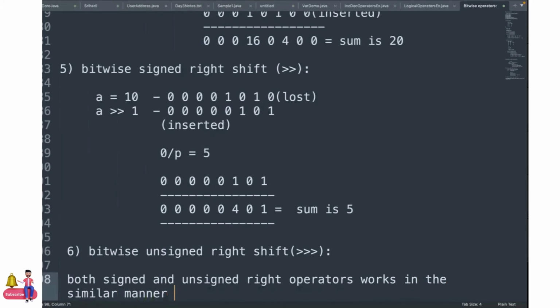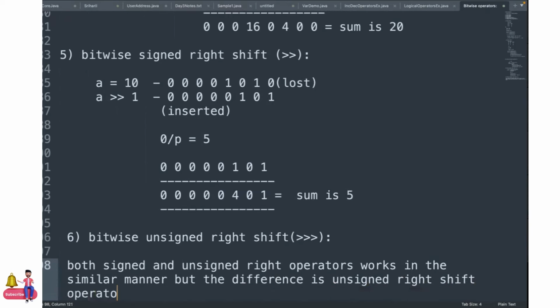But the difference is, the unsigned right shift operator will always return the value in positive only.